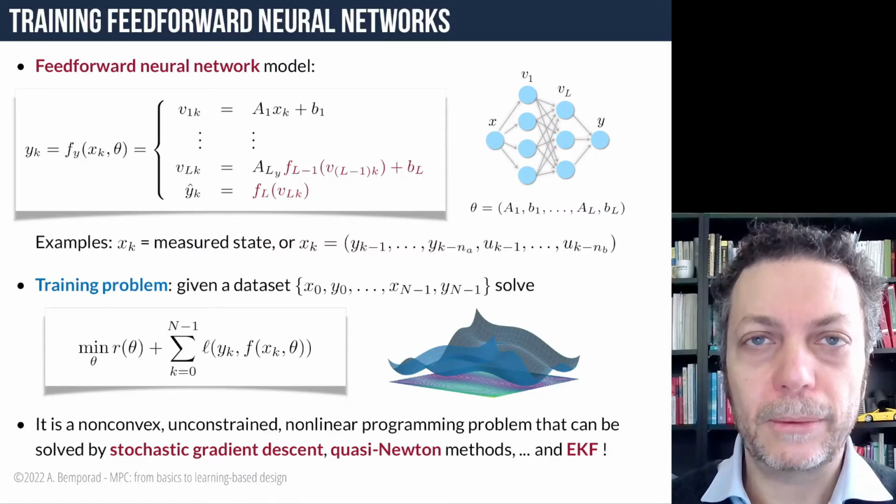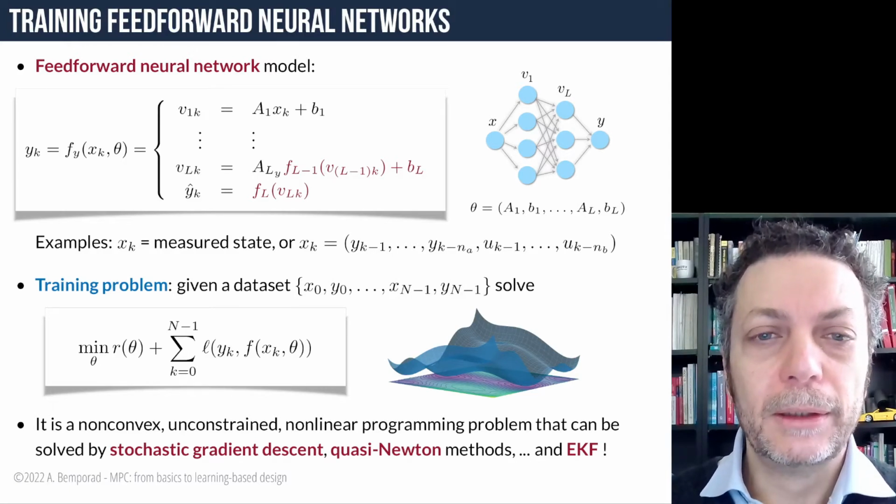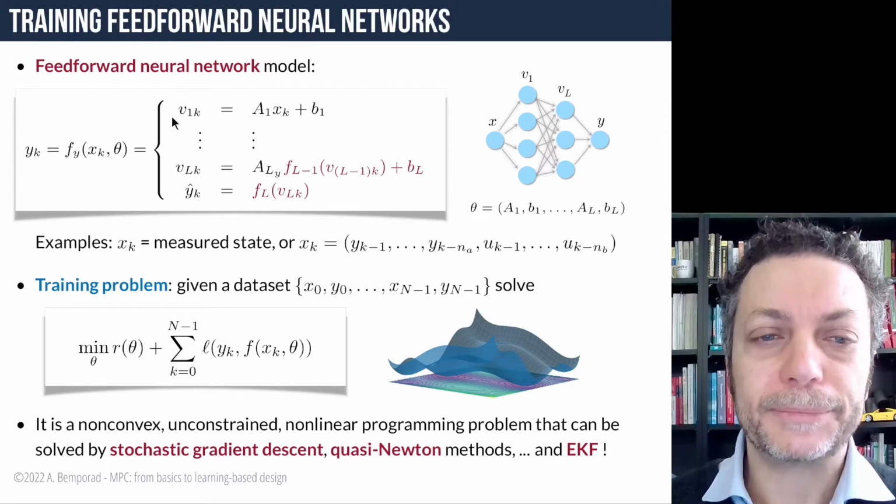So let's now go a bit deeper into the way we formulate neural networks for control design, and how we train them. Let's start with the feedforward neural network model, where this is a typical structure. We have a set of inner layers.